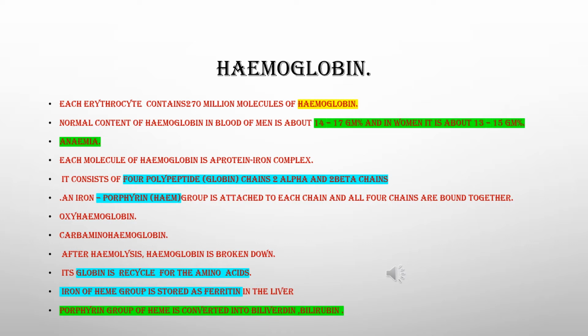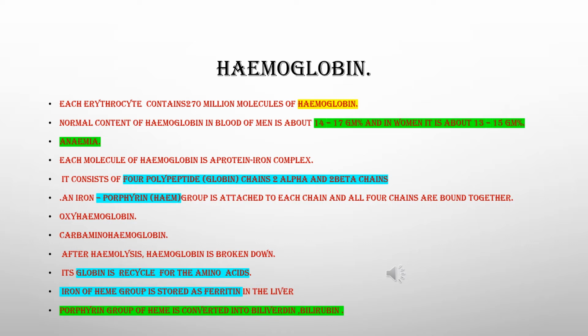Each erythrocyte contains approximately 270 million molecules of hemoglobin, and for the normal health of a person there should be a normal content of hemoglobin in the blood. That normal content of hemoglobin for a male is about 14 to 17 grams percent, and in a female it is 13 to 15 grams percent.